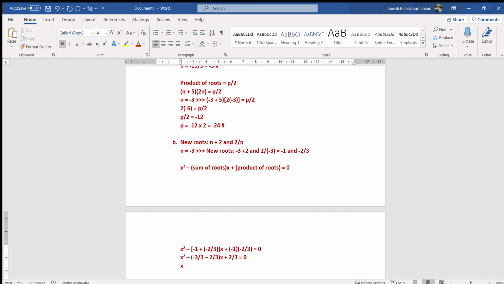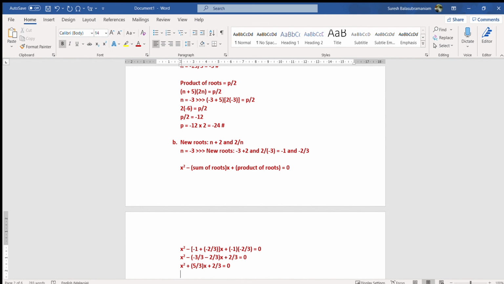So x square minus, negative 3 over 3 minus 2 over 3 is negative 5 over 3, and then negative and negative becomes positive, plus 5 over 3 x plus 2 over 3 equals 0.